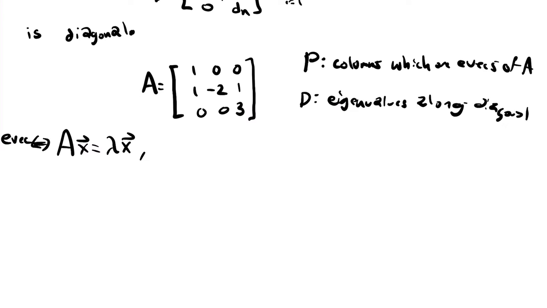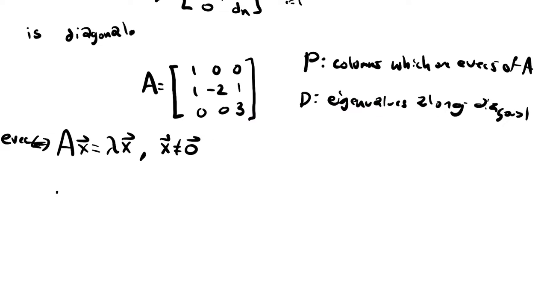This is what an eigenvector means: the vector only gets lengthened or shortened or reversed according to some scalar lambda, where here x is non-zero, because x equals 0 is a trivial solution. It's always going to be true.